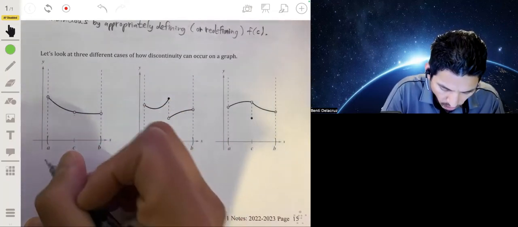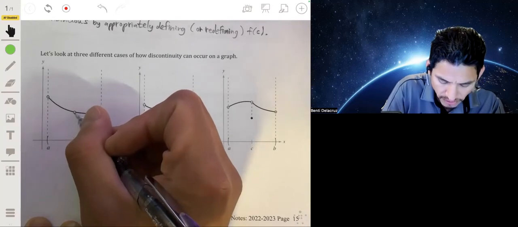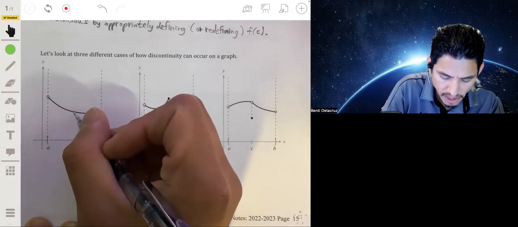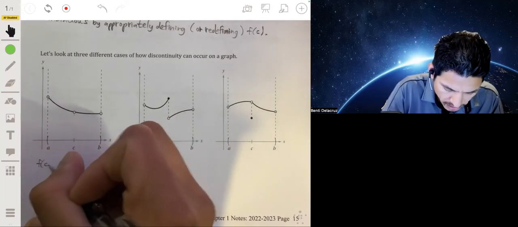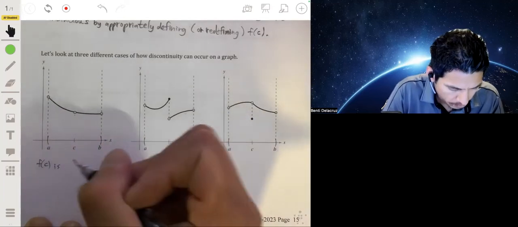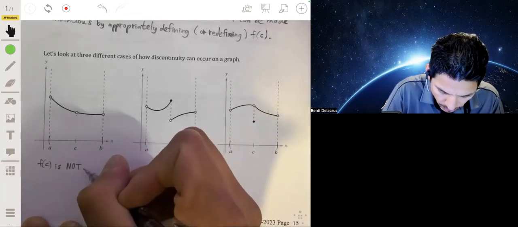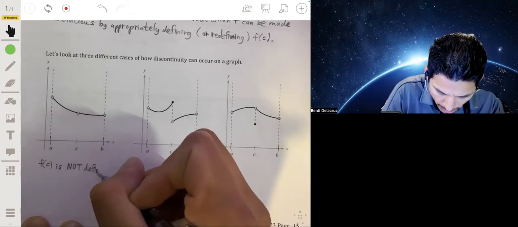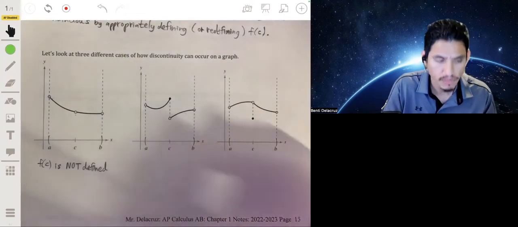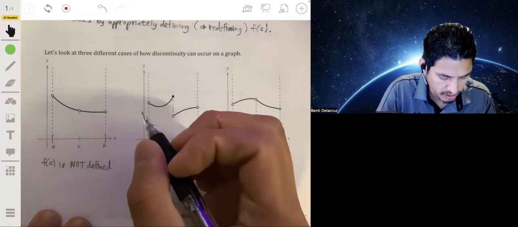Essentially, if this point was filled, it would be c, f of c, but f of c is not defined. So we say there's a removable discontinuity at c.